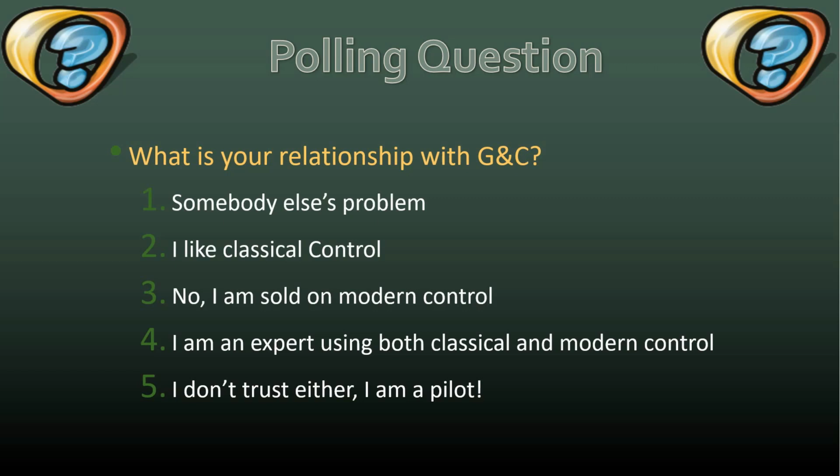Should I use classical or modern control? Well, it is very important nowadays to be an expert in both classical and modern control. Those that fly an airplane, maybe they say, "Hey, I don't trust my guidance and control. I'd rather use the stick to control my airplane." Yeah. Well, we'll see.